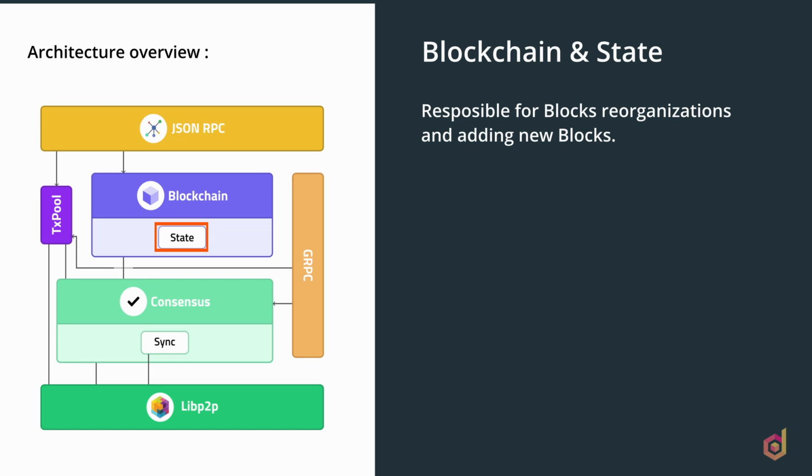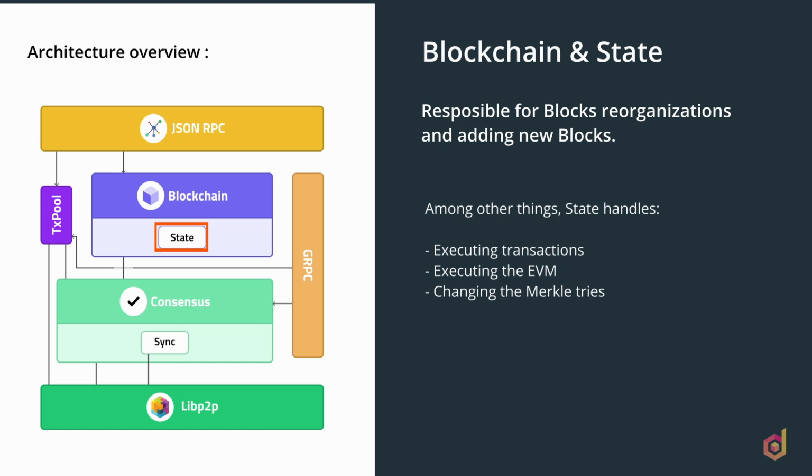It deals with how the state changes when a new block is included. Among other things, state handles executing transactions, executing the EVM, and changing the Merkle trees. The key takeaway is that these two parts are very connected and they work closely together in order for the client to function.